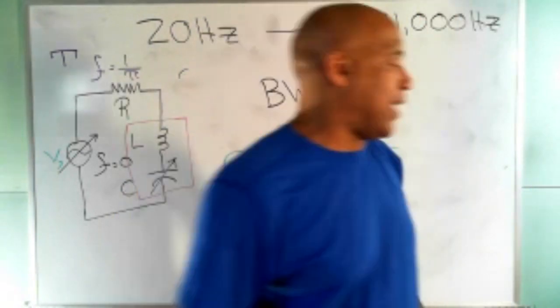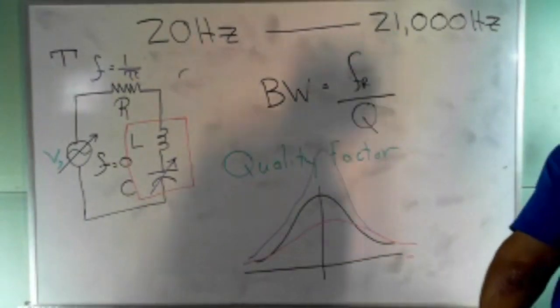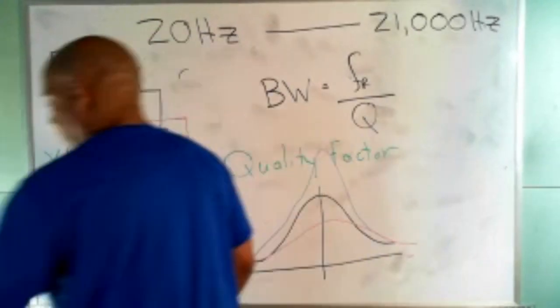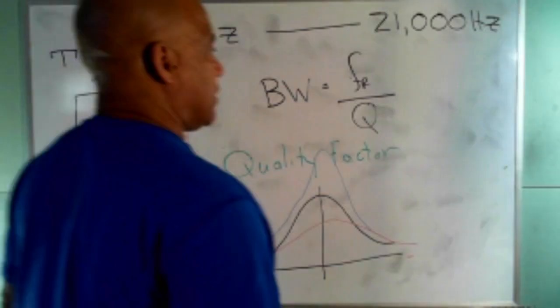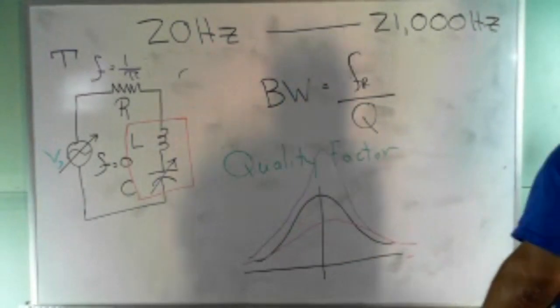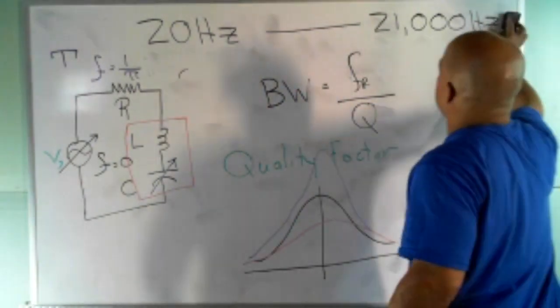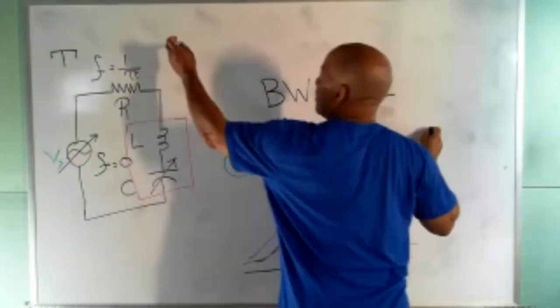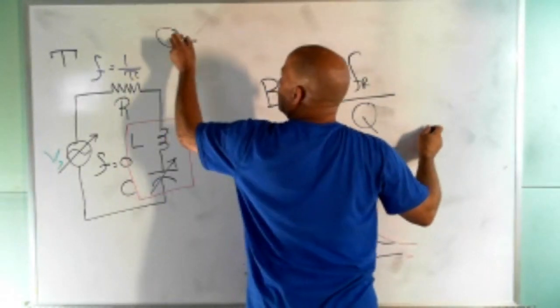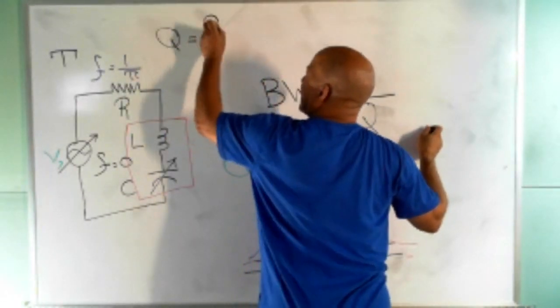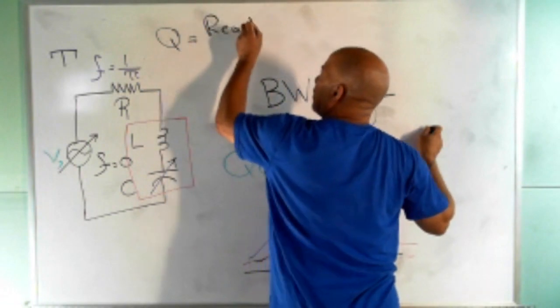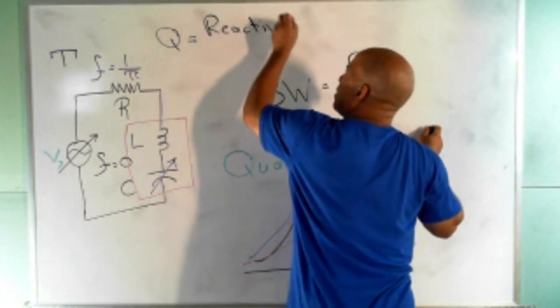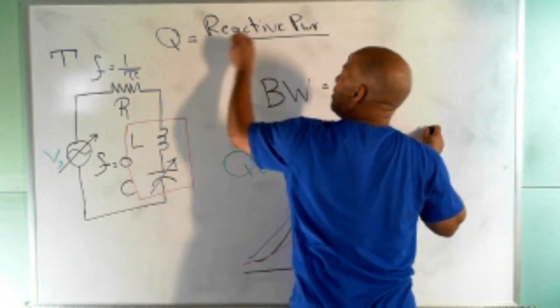The way you calculate Q, quality factor, for a circuit like this: Q is the ratio of reactive power to resistive power.